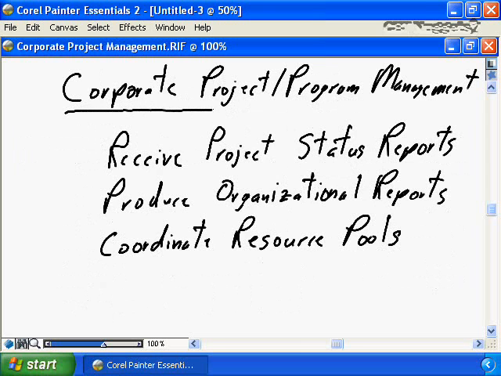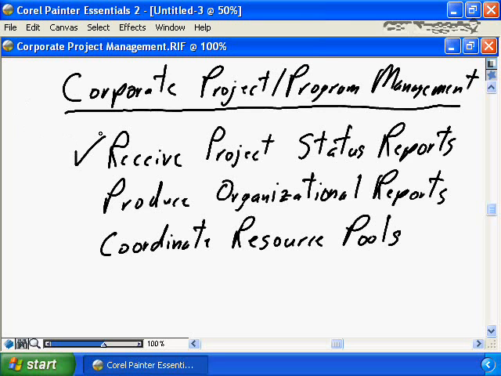One of the more common roles of a PMO that I've seen is that of the corporate project/program management area. The PMO is responsible for providing the total picture, the big picture of project delivery across the entire organization. In order to deliver this big picture, obviously the PMO needs to be a repository where all individual project status reports are received.